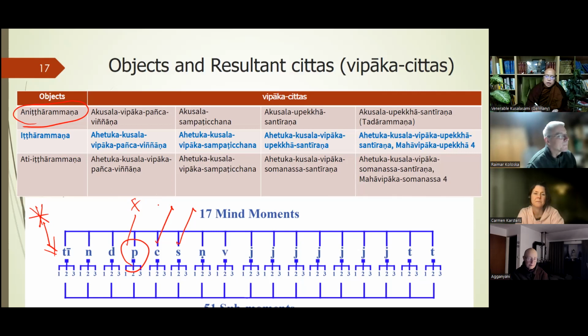Here, for cakkhuvinnana, there are two. One is akusala vipaka cakkhuvinnana, and one is ahetuka kusala vipaka. If the object of that thought process is an anittharamana, cakkhuvinnana must be akusala vipaka cakkhuvinnana: rootless unwholesome resultant seeing consciousness.